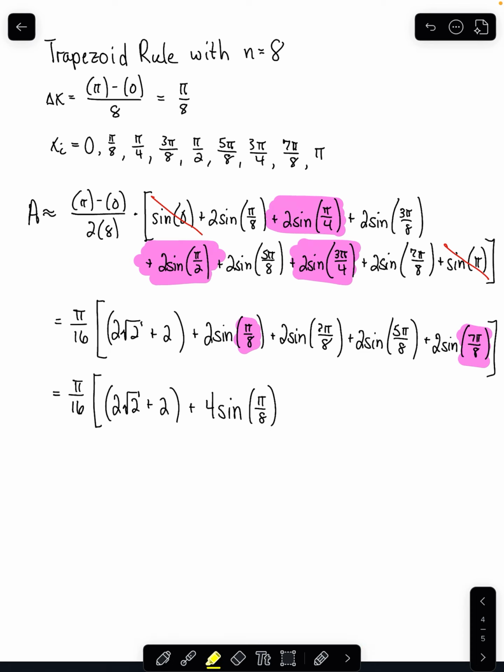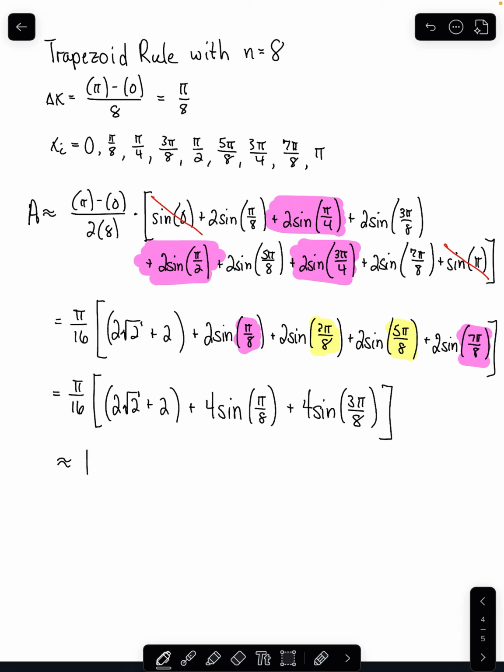Likewise, 3 pi over 8 and 5 pi over 8 are symmetric in that they have the same y-coordinate again. So those two terms can be combined to give us 4 times sine of 3 pi over 8. And we can put this into our calculator, which is about as simple as we're going to get it to be.